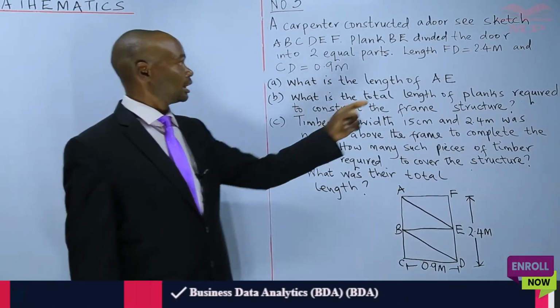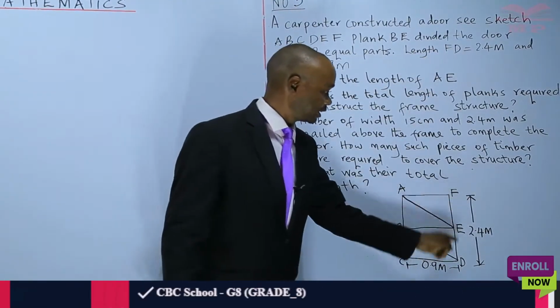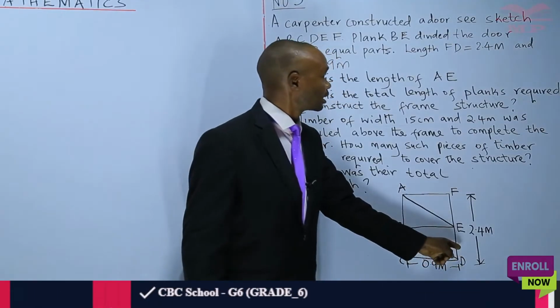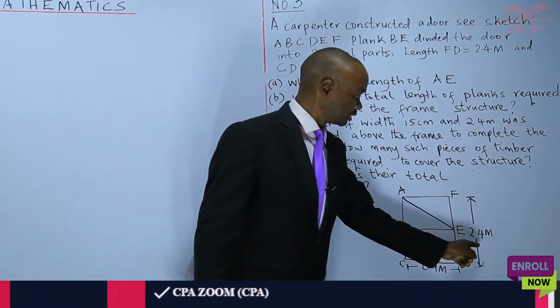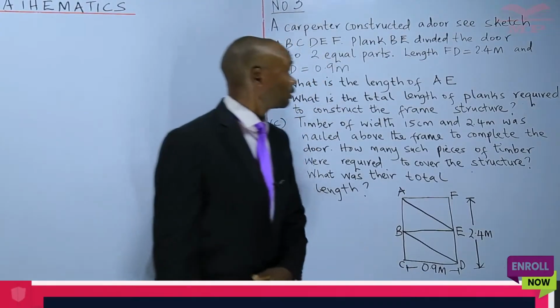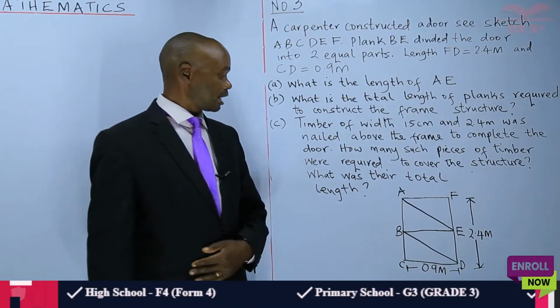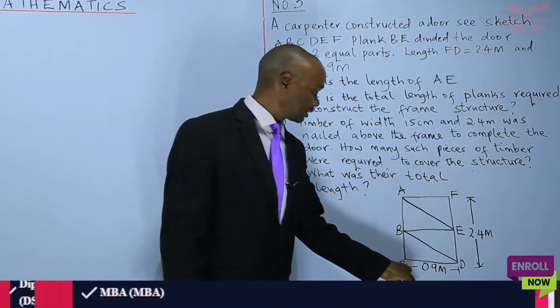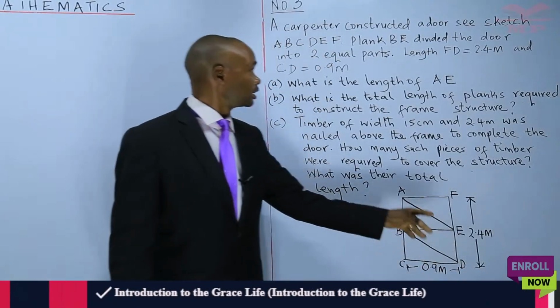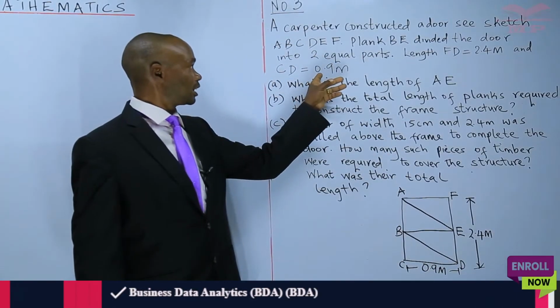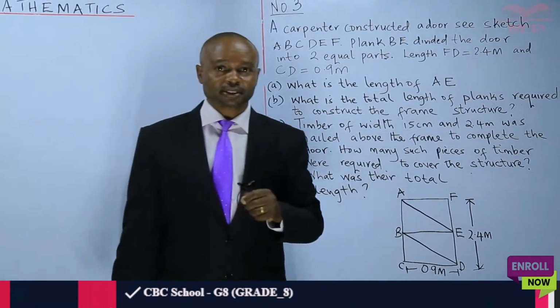And he also told length FD is 2.4 meters and length CD is 0.9 meters.